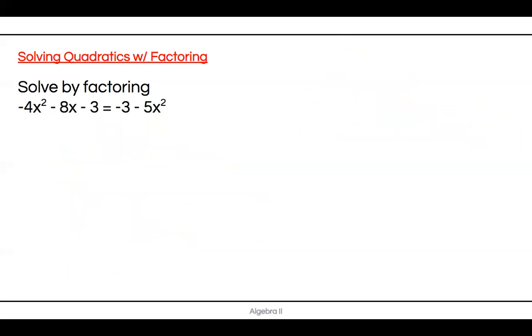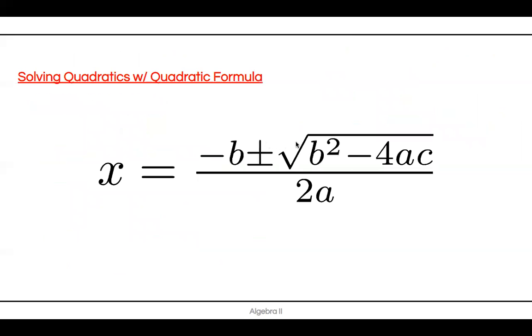Next is your quadratic formula. So you want to go ahead and write that down again. I know we've written it down already before, but your quadratic formula says x is equal to negative b plus or minus the square root of b squared minus 4ac.